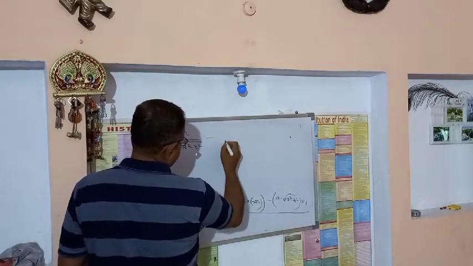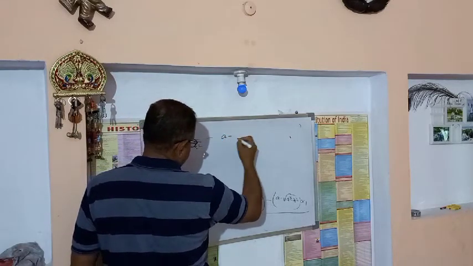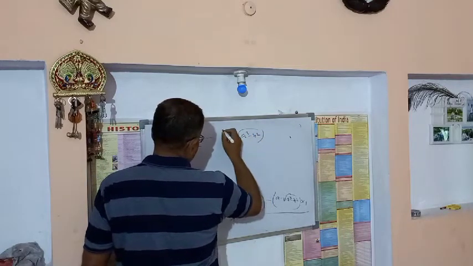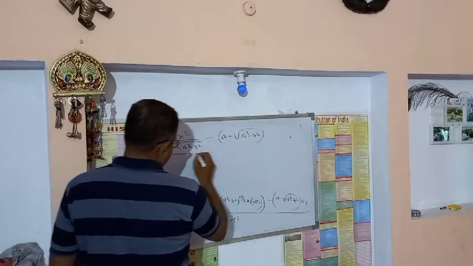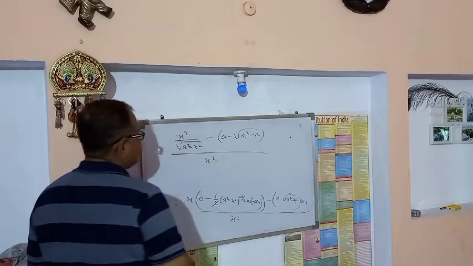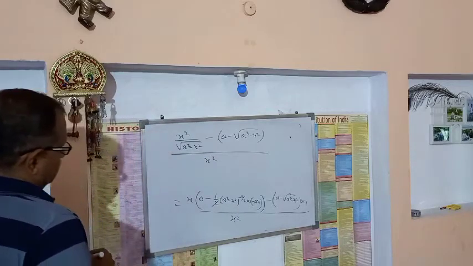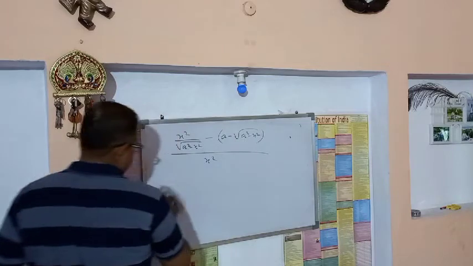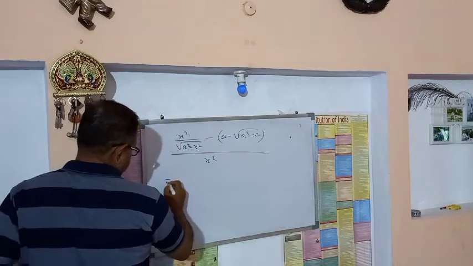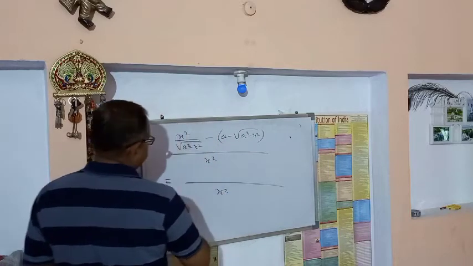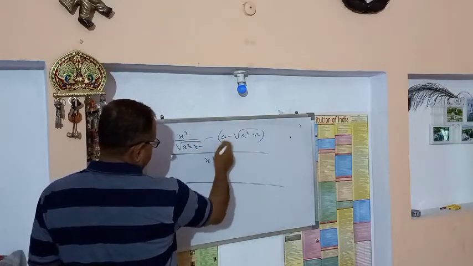Minus a minus under root a square minus x square, whole upon x square. Right, take LCM and simplify it.